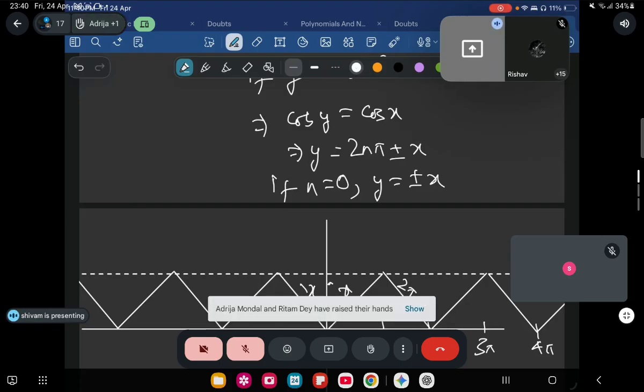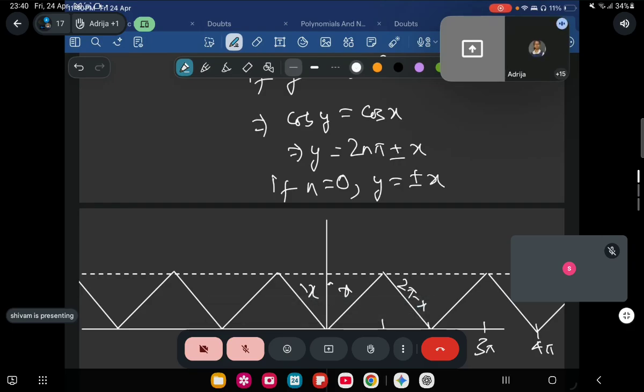Yes, Adrija, tell me. Sir, 2 pi plus x. Are you sure? Write down the equation. Point is given, slope is given. Write down the equation of the straight line. Okay, Ritam, tell me. Sir, y is equal to x minus 2 pi. x minus 2 pi is correct.